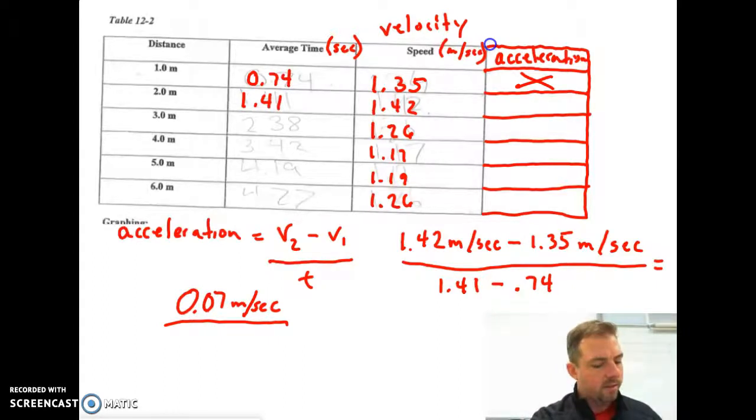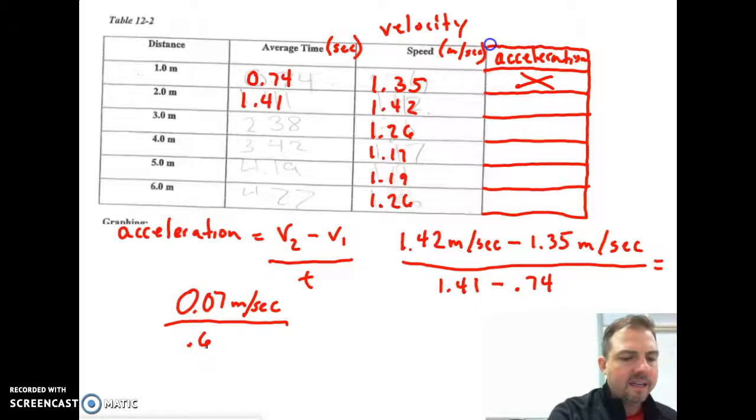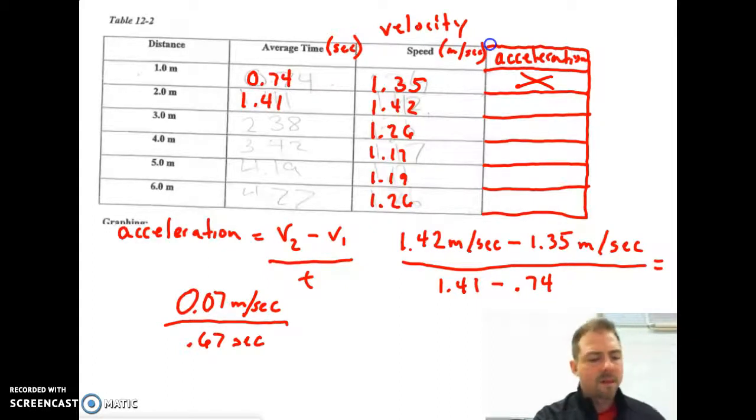We're going to take a look at 1.41 minus 0.74 equals 0.67 seconds. All right, now I'm going to simply take 0.07 divided by 0.67 equals.